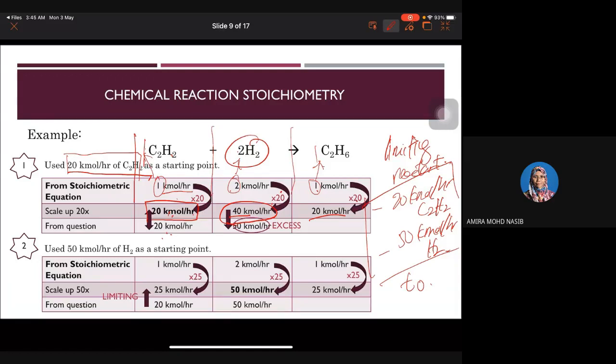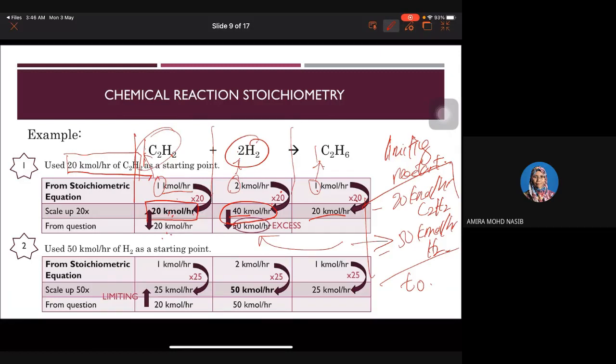And from the question again, stated that we have actually 50 kilomole per hour of H2 hydrogen. So you have in excess. You have excess of hydrogen. So automatically your acetylene or C2H2 become your limiting reactant. Okay, understand?